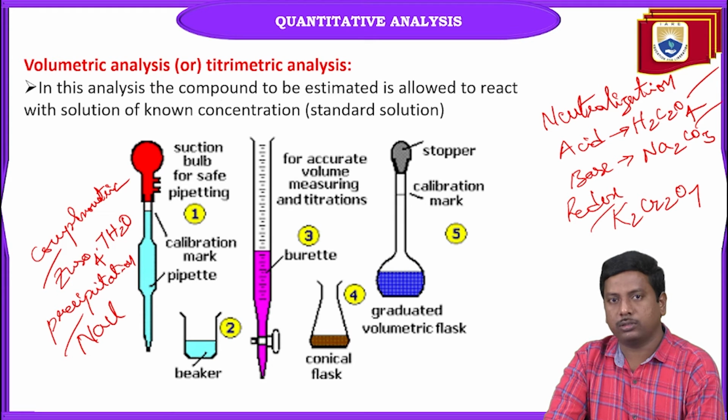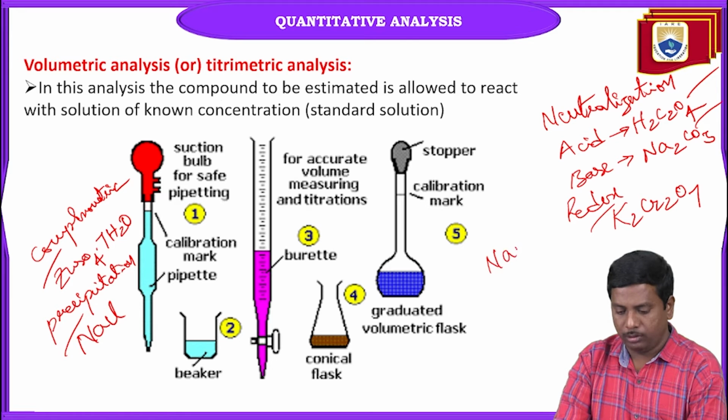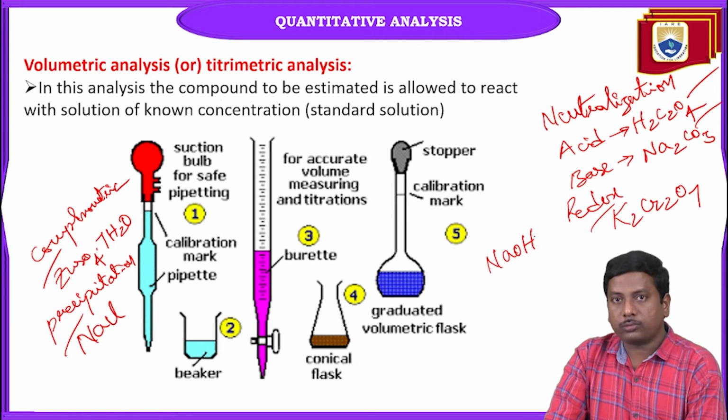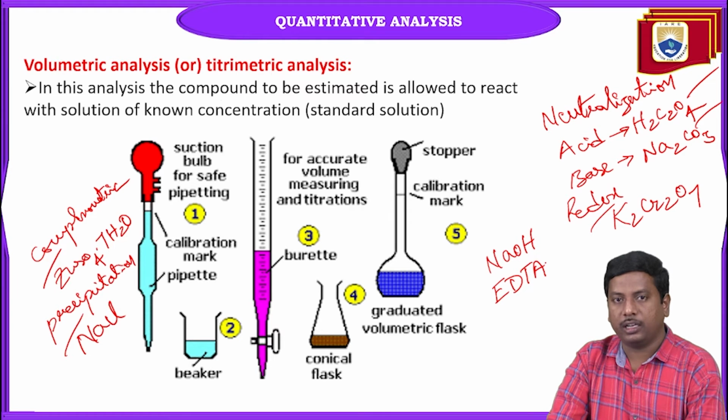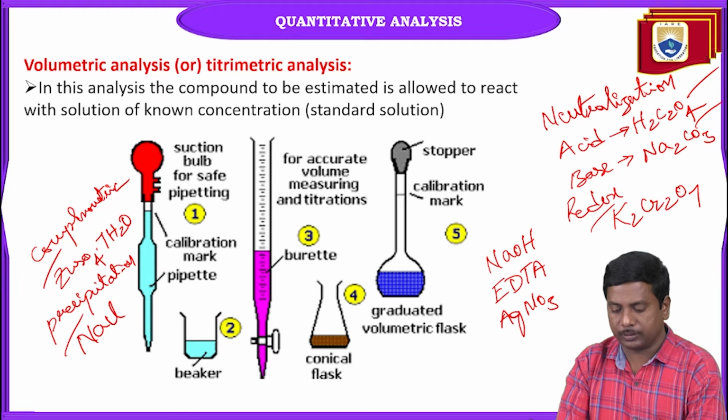Primary standard solution means the concentration of the solution should not change with respect to time. That is called a primary standard solution. And if the concentration of the solution changes with respect to time, that is called a secondary standard solution. Examples of secondary standard solutions are sodium hydroxide, EDTA, ethylene diamine tetraacetic acid, and silver nitrate solution, AgNO3.